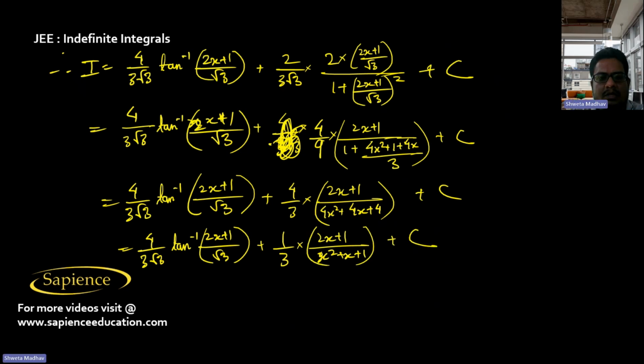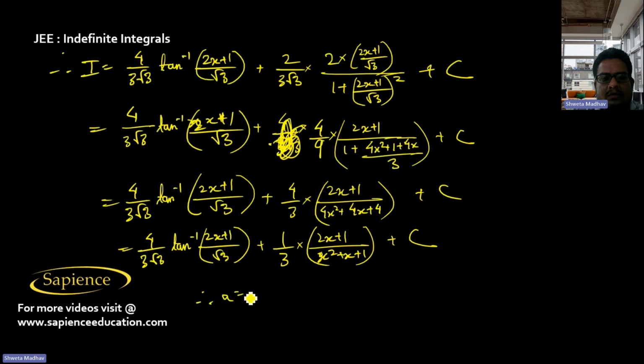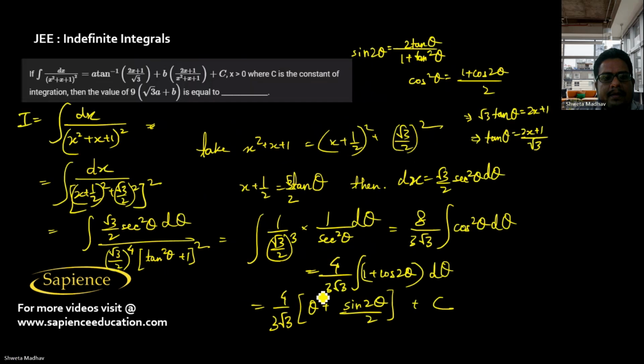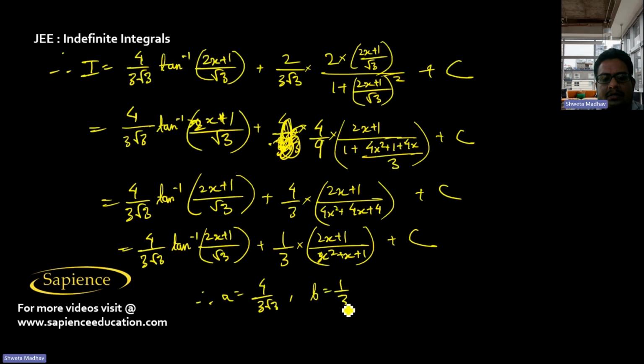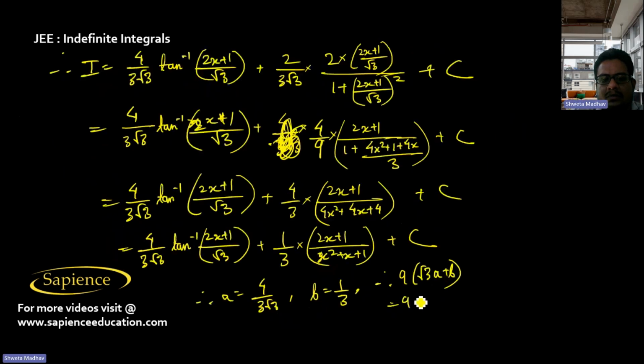So now if we compare these two, therefore we will get a equals to 4 by 3 root 3 and b equals to 1 by 3. So therefore 9 into root 3a plus b value that we have to find out. So 9 into root 3a, that will be equal to 4 by 3, 4 by 3 plus 1 by 3.